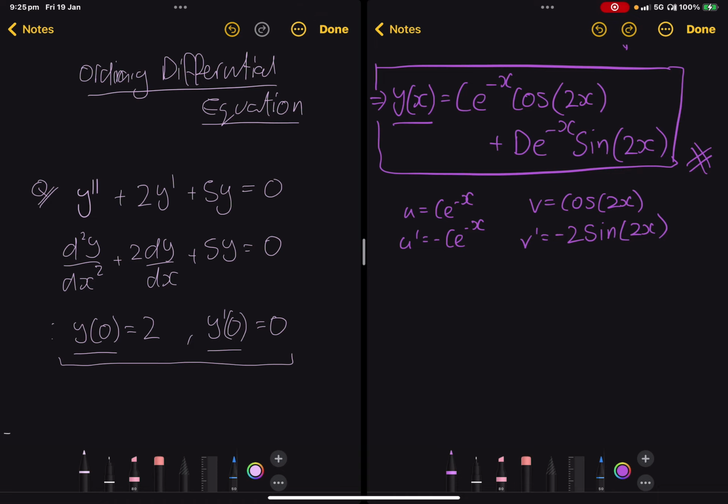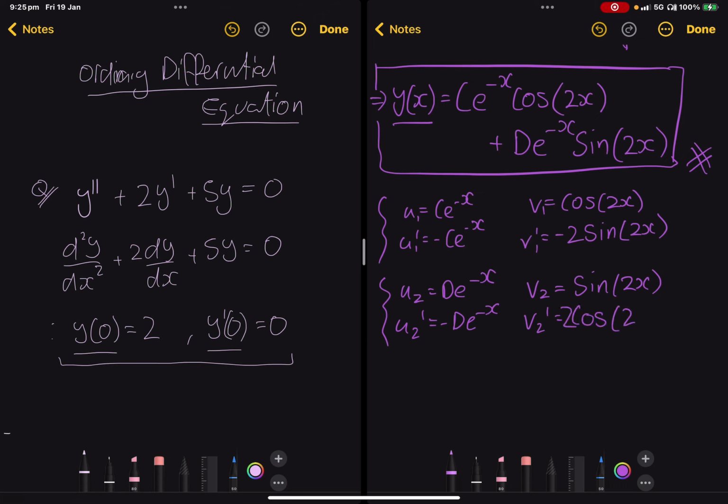We're not even up to the second part yet. And then the second part's derivative, so these are all u1, u1 prime, v1, v1 prime. Then we'll have u2 is d e to the minus x. u2 prime will be minus d e to the minus x. v2 will be sine of 2x, and then v2 prime will be 2 times cosine of 2x.